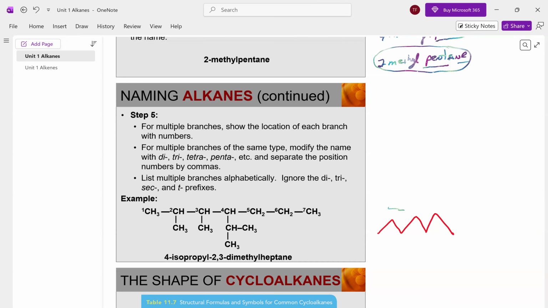The numbering on the left is more applicable because the numbers are all basically on the left. So if we start on the left, the numbers will be lower. So this is going to be carbon number 4. We've got a three carbon branch. Carbons 2 and 3, we've got a 1 carbon branch.